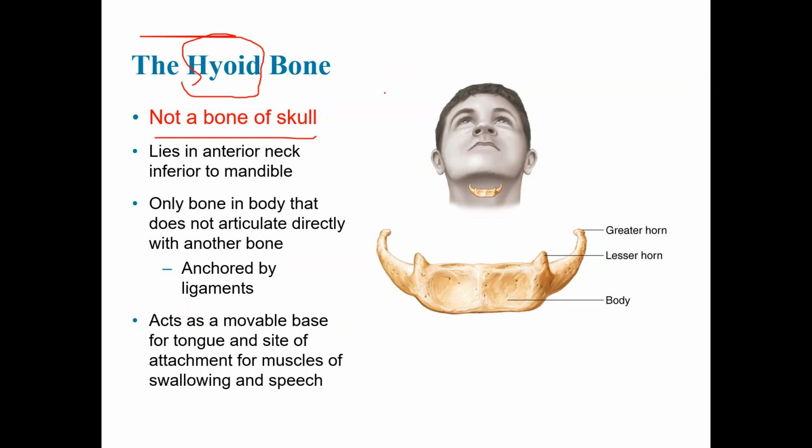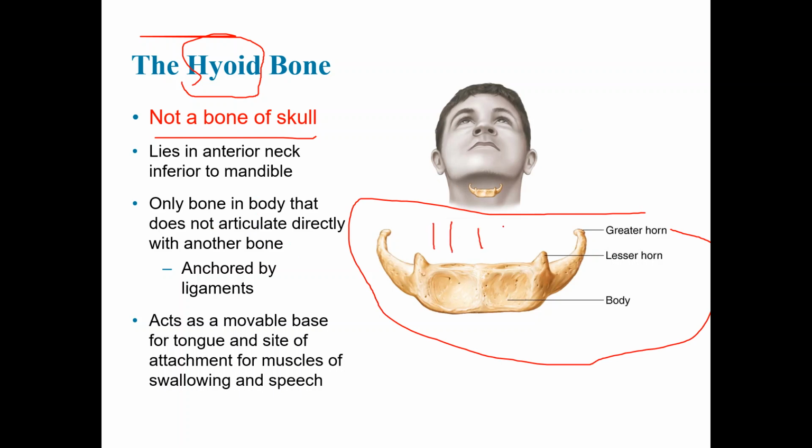It's kind of located right there in between. And so it does not articulate with any other bone in the body. It's only anchored by ligaments. Okay, it's a very interesting bone.